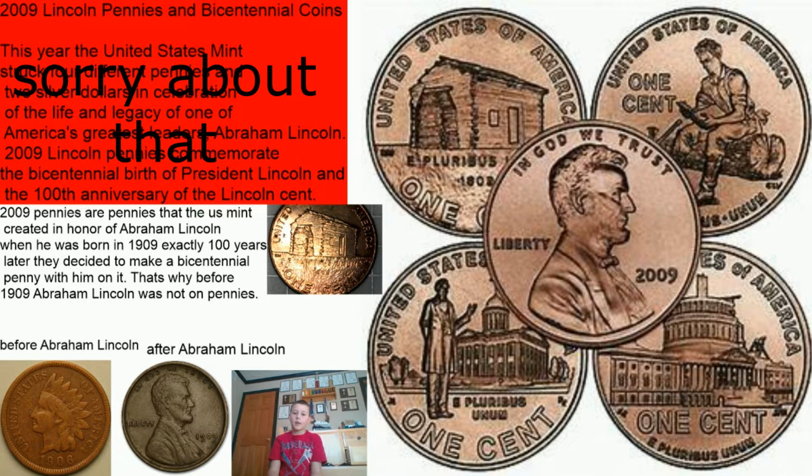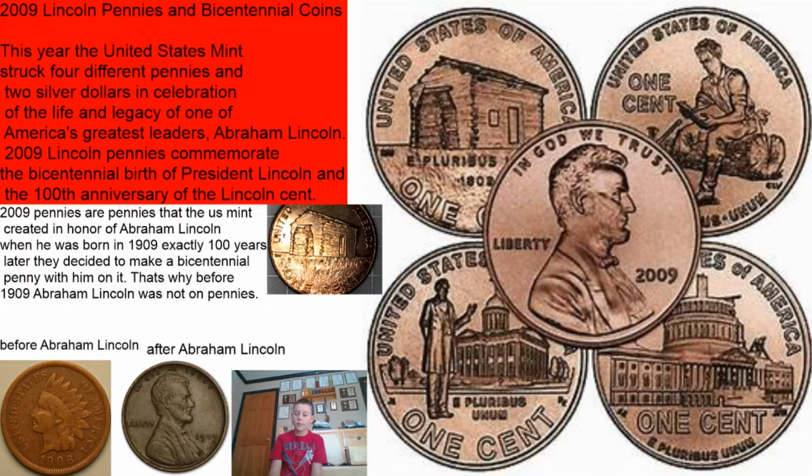And as you can see in those pictures over there, and the one I have in my example on my microscope, that is mainly called the log cabin penny. We call it the log cabin penny, but I think it's really the birth and childhood of Abraham Lincoln.